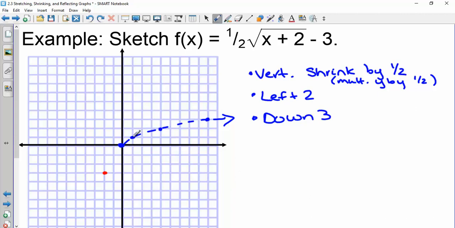Okay, next point, if I take 1, 1, the y value right here is 1. Multiply that by a half, so your height becomes 1/2. Then we go left 2, down 3.